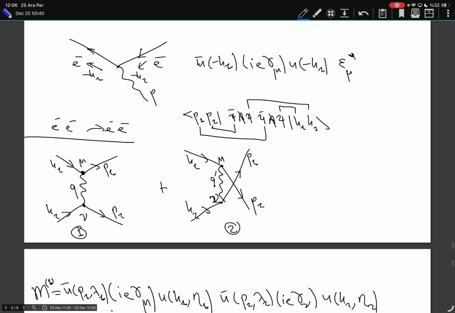The other possible contraction will be, let's say, psi is contracted with K2, not K1. And psi bar will be contracted with P1. So this psi will be contracted with K1, this other psi.